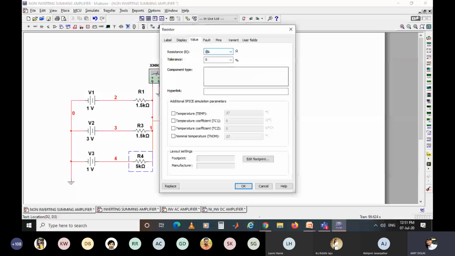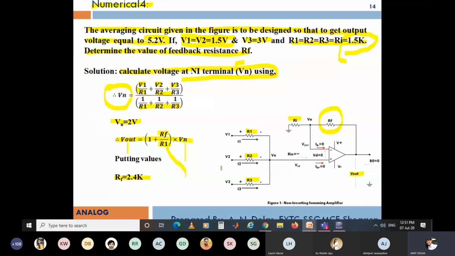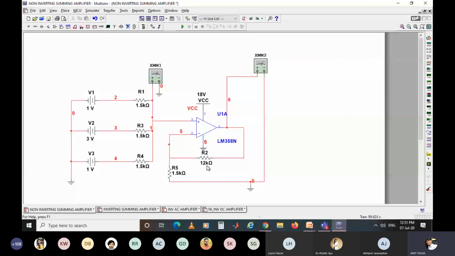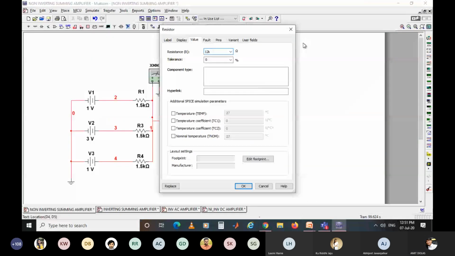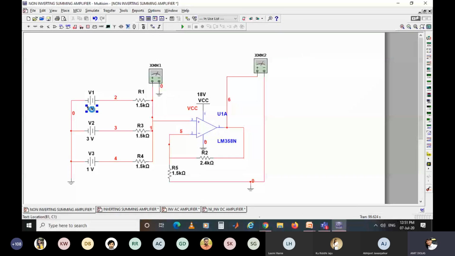Then what was the feedback resistance? 2.4K. And the input voltages are 1.5, 1.5 and 3. So this is 2.4K. Input voltages are 1.5 volt, then 1.5 volt. You may change either, no worry about that. And again, this will be 3.